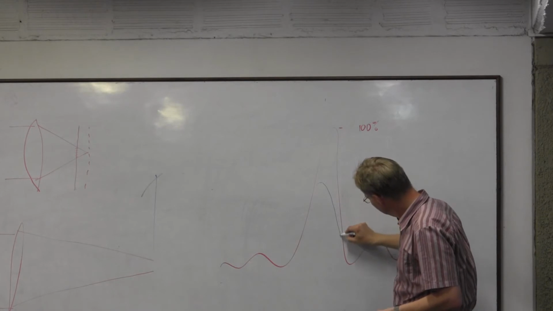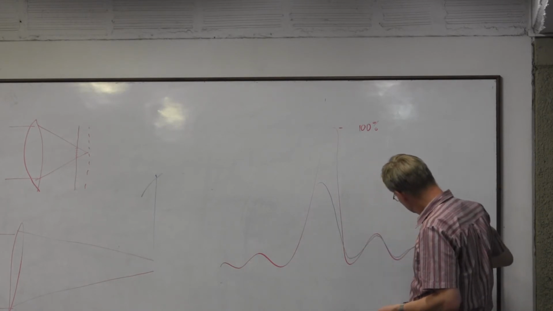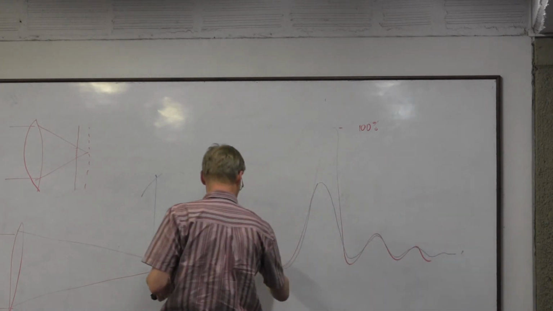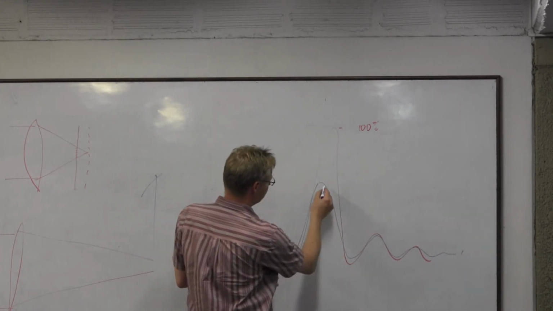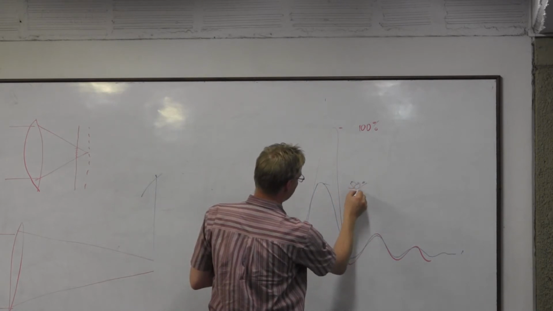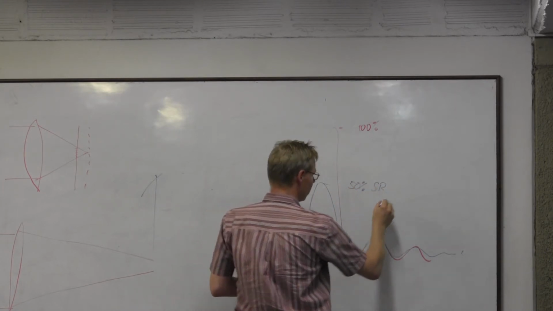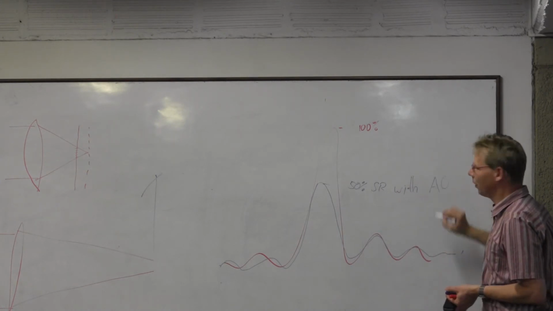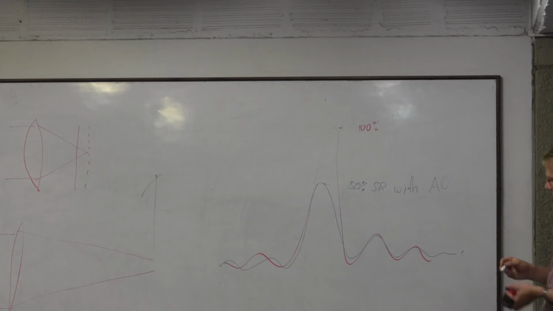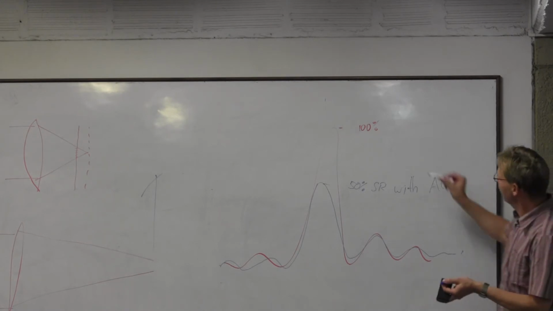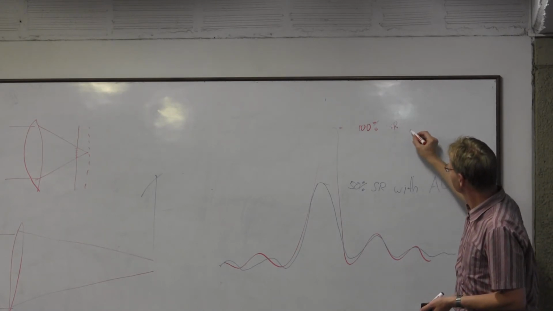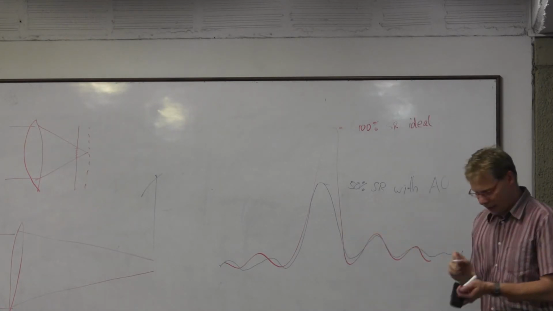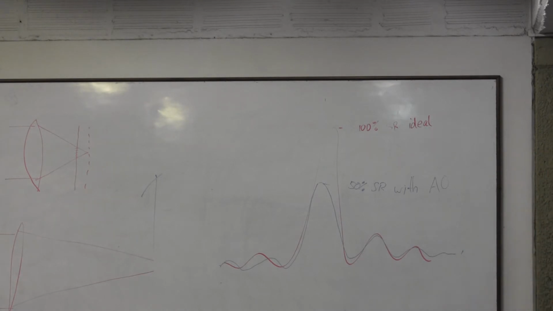So what will happen is we eventually have more light up here, less light here. So in this case, let's say we have 50% Strehl with, let's say, adaptive optics. And again, we'll talk about adaptive optics next time. So here we have 100% Strehl ratio, ideal. This is what we really get due to aberrations or something else.